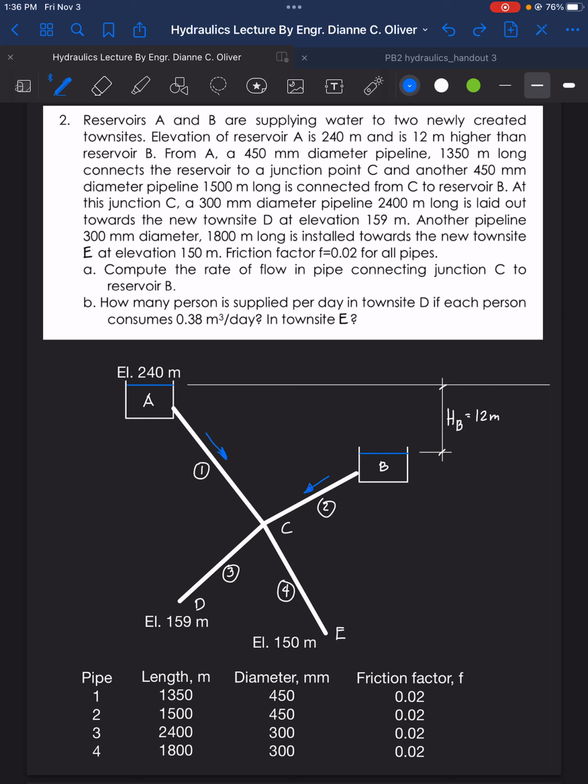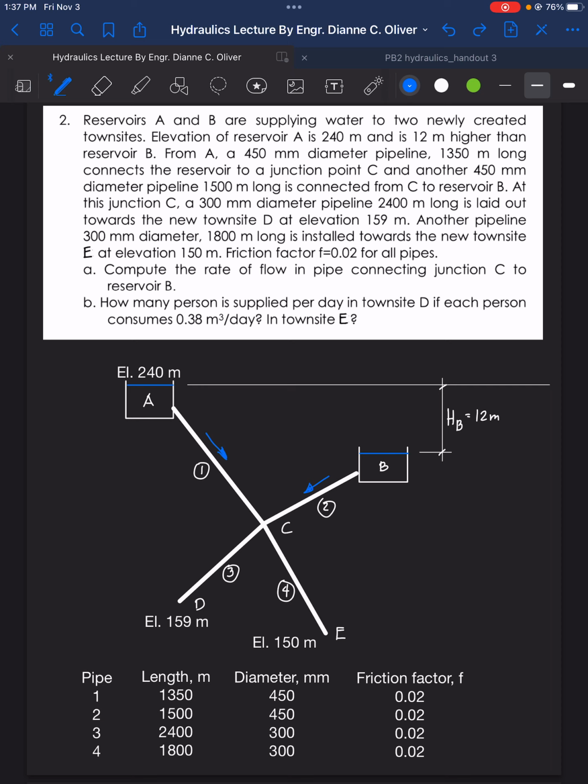At this junction C, a 300 mm diameter pipeline, 2,400 meters long, is laid out towards the new Townsite D at elevation 150 meters. So from C to D, let's name that pipeline number 3, with 2,400 meters length and a pipe diameter of 300 mm, and the given elevation of 150 meters.